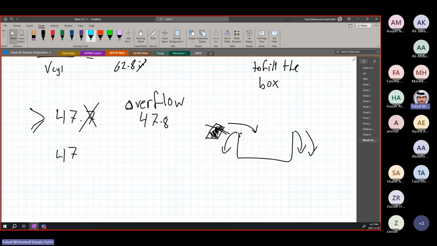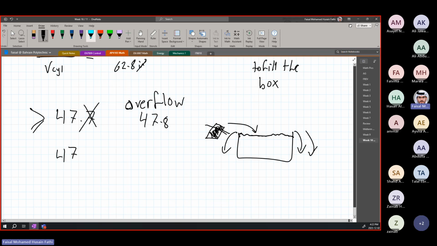Is the point understood? The idea is you don't want it to overflow. If you put 47 cups of water, you will reach a point here, very close to the end. If you add the 48th cup, you only need to empty a little bit of it, to be more precise 0.7 of it, and that's fine.